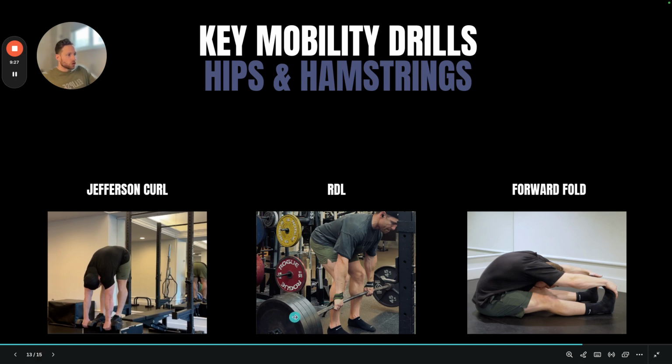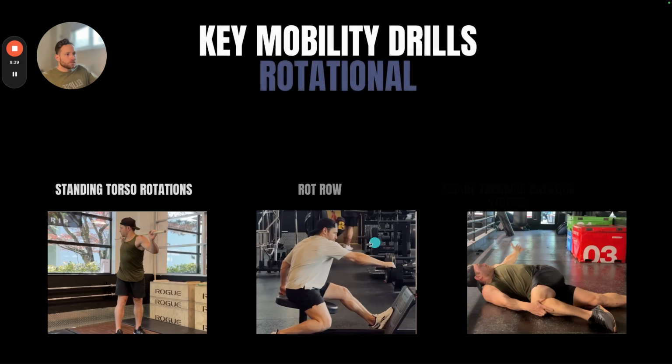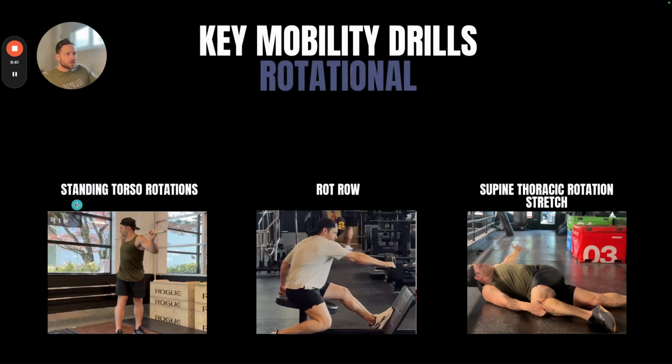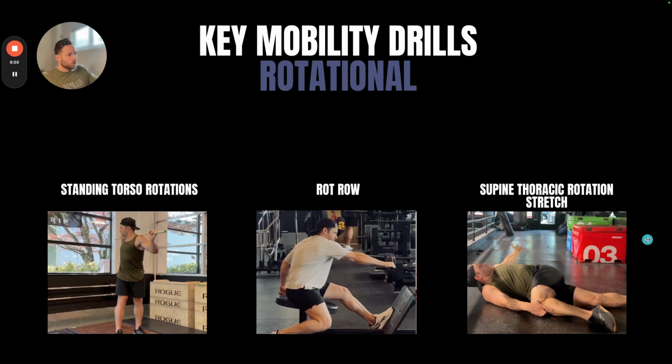The functional would be a heavy RDL and then a forward fold to get into that more extreme range of motion on the passive side, or rather the static side. Standing rotations, bigger range of motion, functional with a rotational row, and then our more static drill for elongated hold to help integrate the CNS and some remodeling.